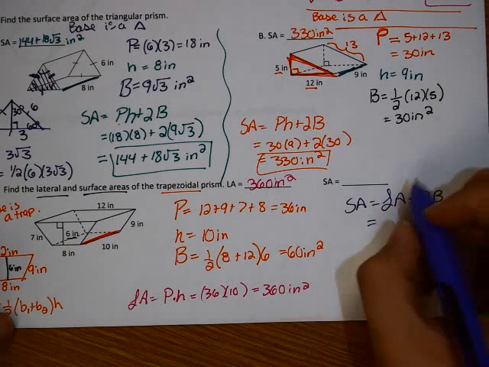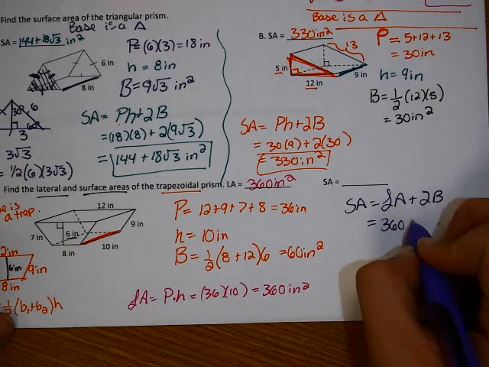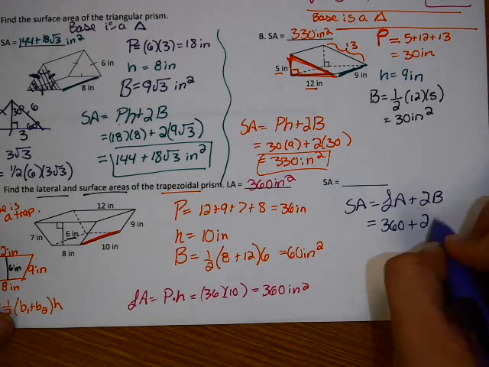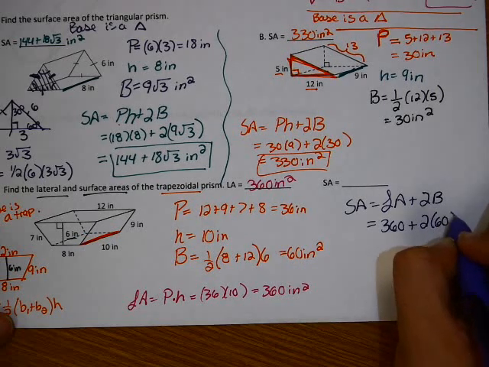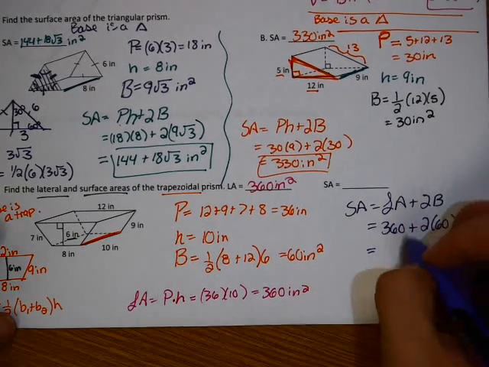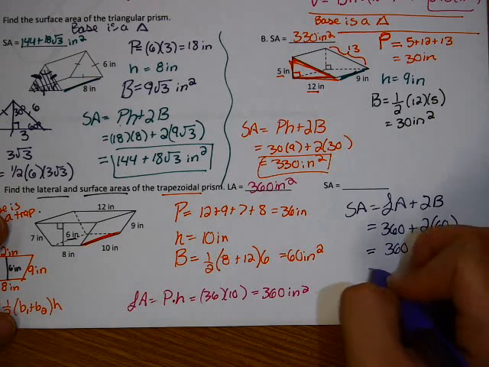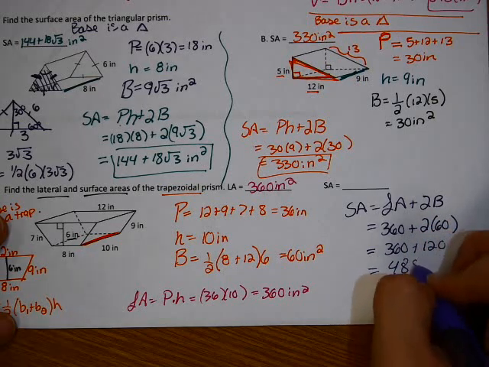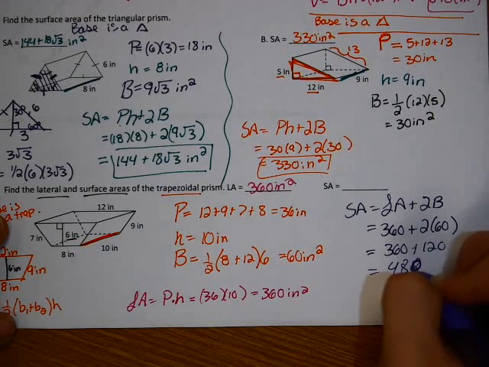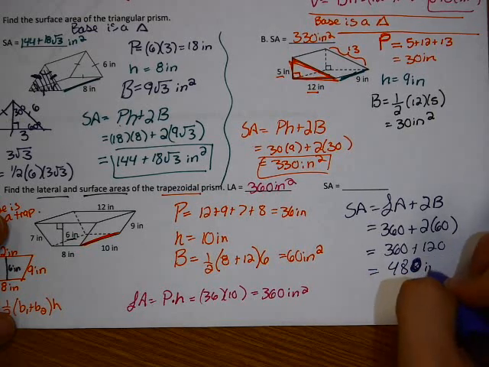So we already found the lateral area to be 360. And the area of the base is 60, so 2 times 60. So 360 plus 120 is 480, oops, not 88, 480 inches squared.